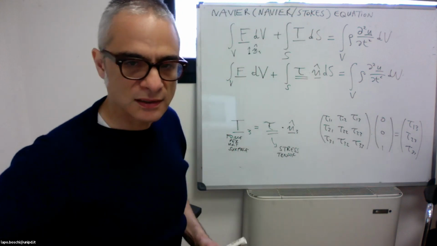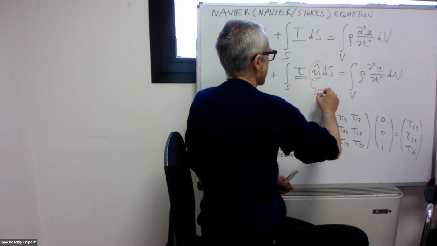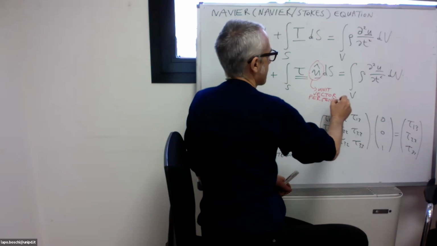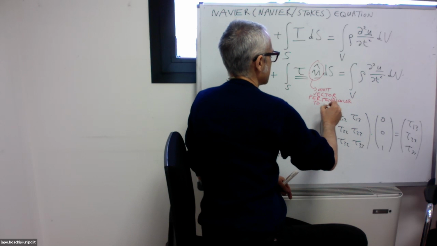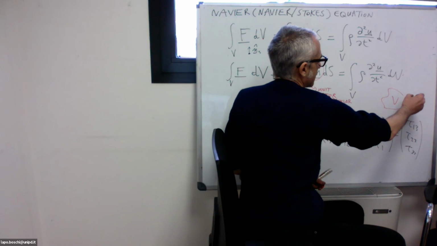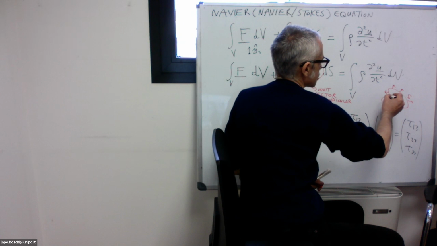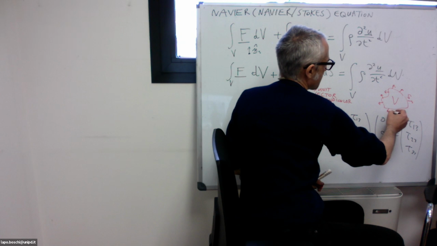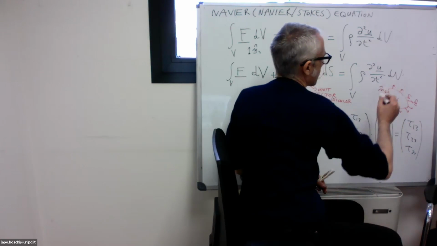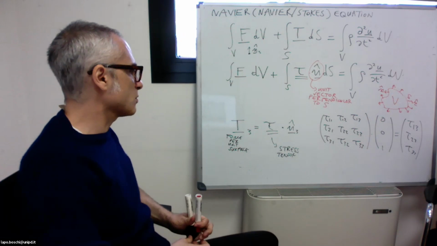And n here is a unit vector that's everywhere perpendicular to S. So if this is your volume, and this is its outer surface S, the vector n changes along S in such a way that it's always perpendicular to S, and its magnitude is always 1.